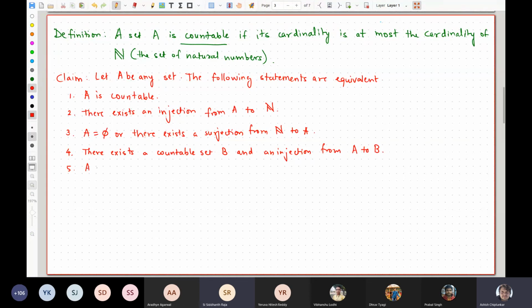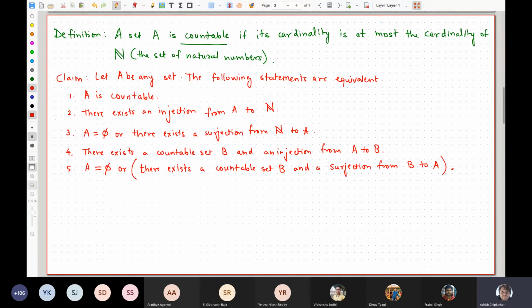So what we can say is A is empty, or, let me put it in parentheses for disambiguation, there exists a countable set B and a surjection from B to A. Okay, so we are just giving a set of tools for us to prove that some sets are countable.